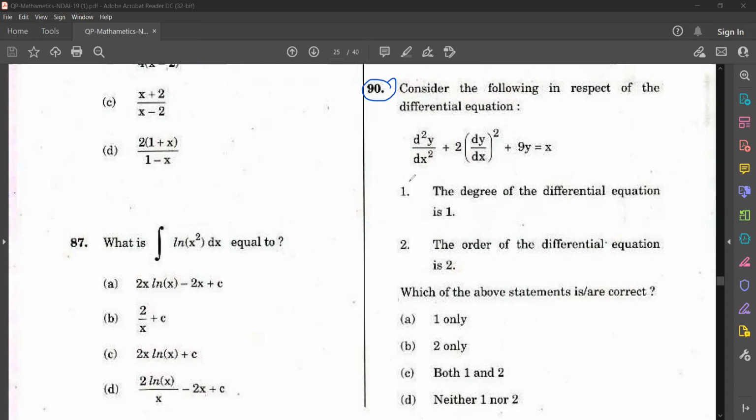Two: the order of the differential equation is 2. You have to find out which is correct: one only, two only, both one and two, neither one nor two. This will take only 5 to 10 seconds maximum. So I need you to give me the answer.